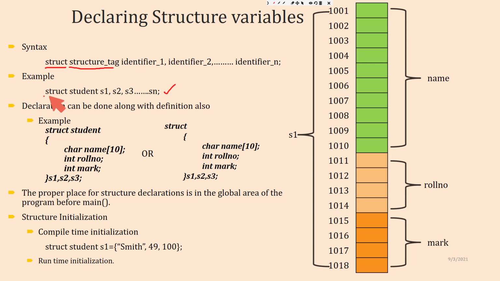Here I am declaring struct stud s1, so some space will be allocated to store s1. What is s1? s1 is not an integer. s1 is a student. What is a student? A student contains a character array of size 10 and 2 integer variables. So here 10 cells will be there. Each cell can store a character.